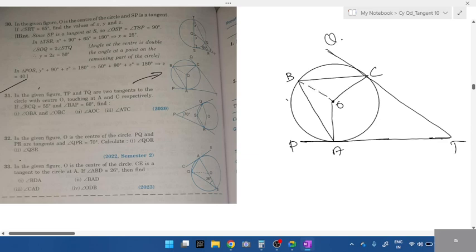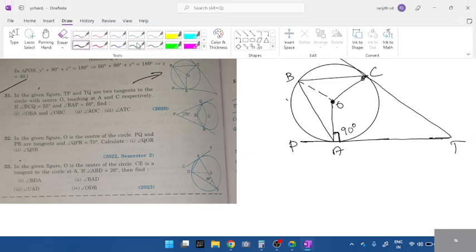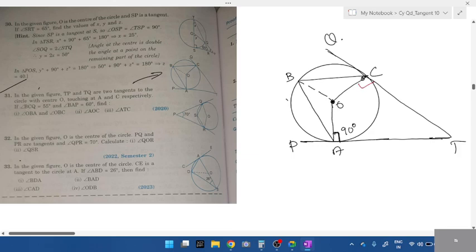Completed? Okay, now tell me about the angle, students. O is the center. What is OA? Line OA. What do you call OA? Radius. A radius touching the tangent. What will be the angle formed here? This 90 degree. What about angle C? Yeah, this is also 90 degrees.